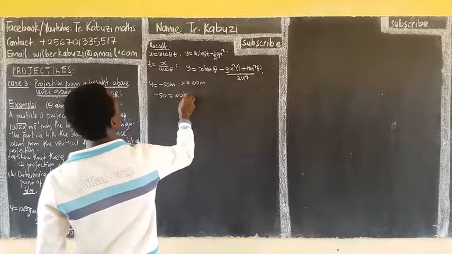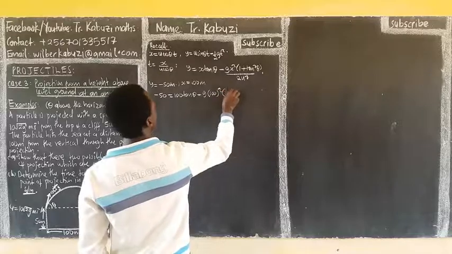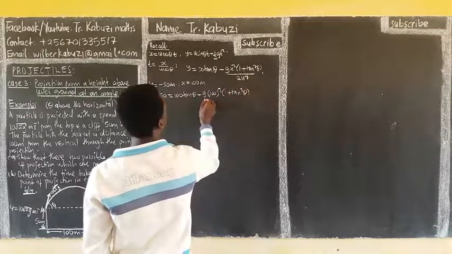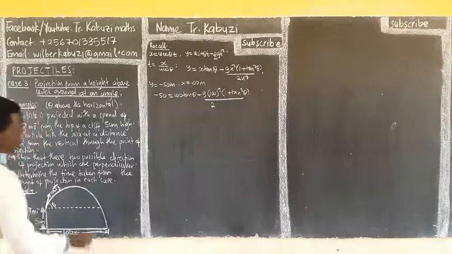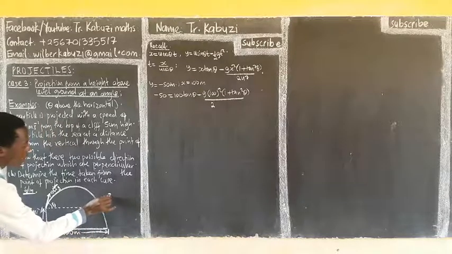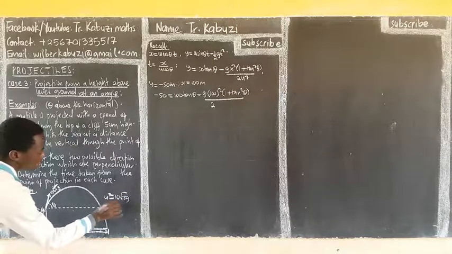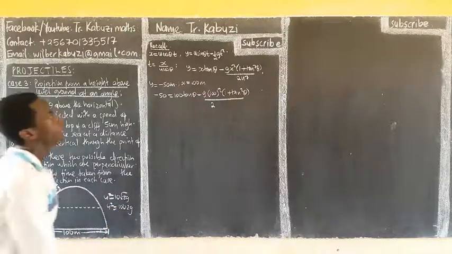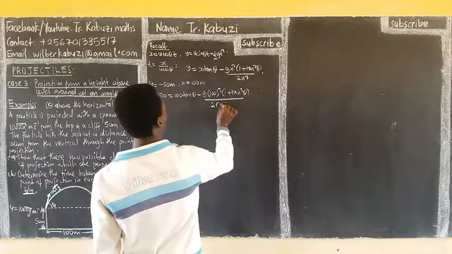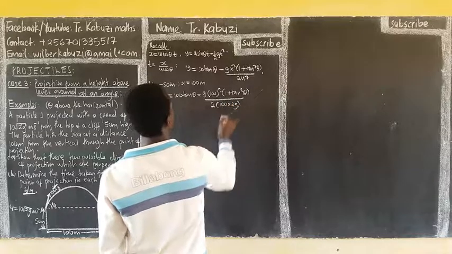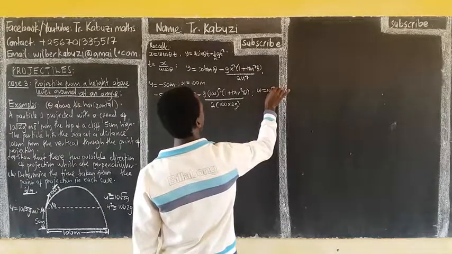So 100 tan theta minus g into 100 squared into 1 plus tan squared theta, the whole over 2 u squared. Remember our u is equal to 10 root 2.